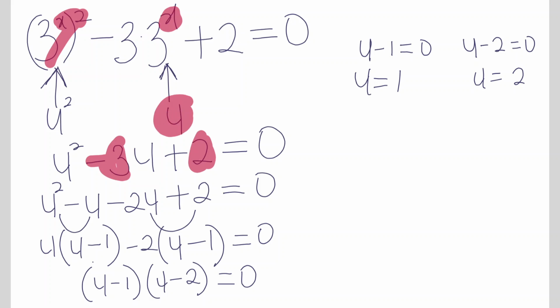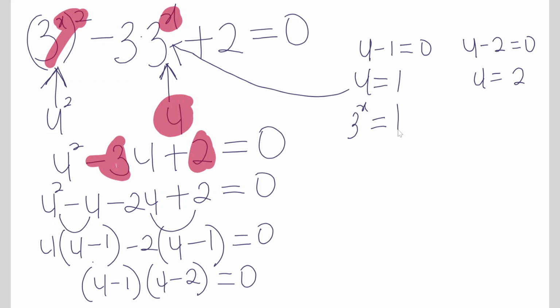So we are going to be having u, which is 3 to the power of x. So I'll be having 3 to the power of x equal to 1. And when 3 to the power of x equal to 1, I will raise both to logarithm of base 3.